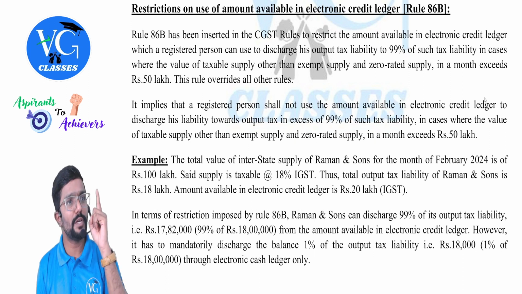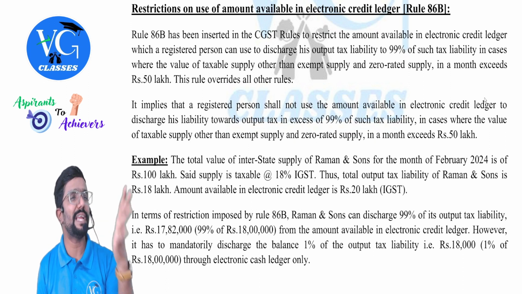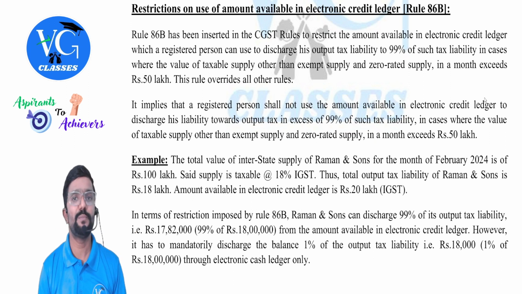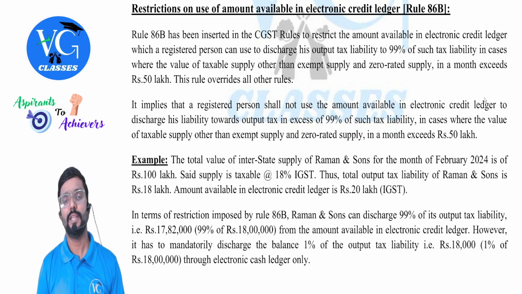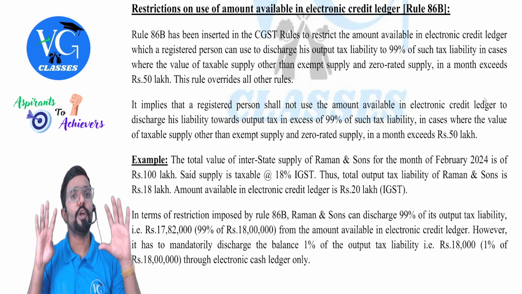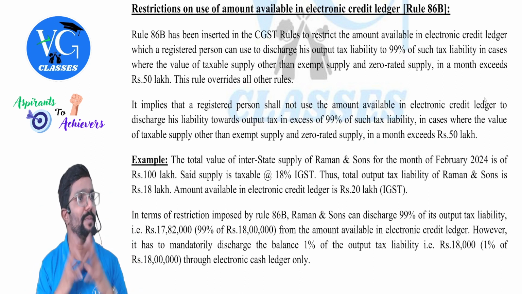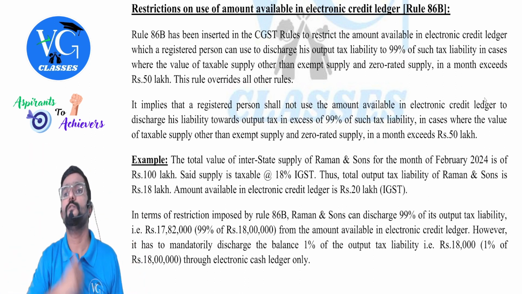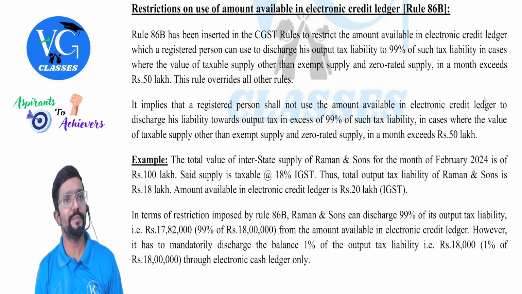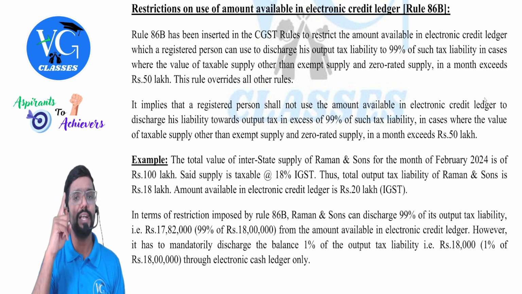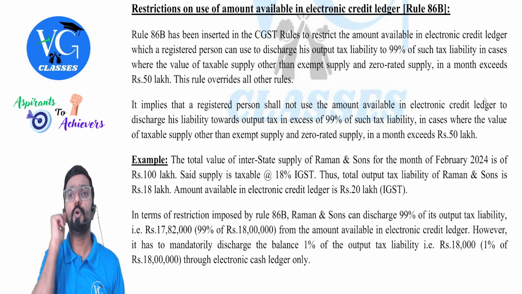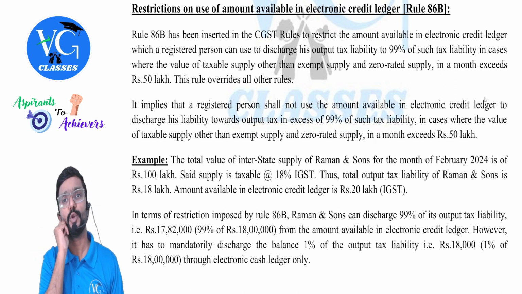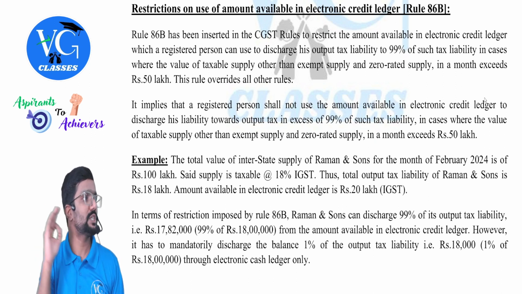At least 1% of your output tax, please pay it in cash ledger. That means maximum credit, how much you can utilize? 99%. Even if I have full credit, they are not allowing me to use full credit. They're requesting to pay at least 1% of my output tax through the electronic cash ledger.